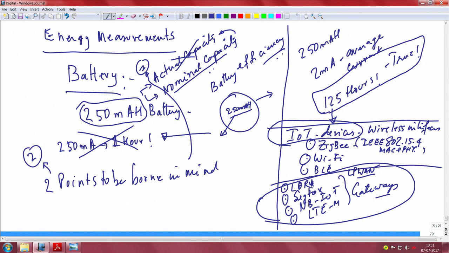So all this energy measurement and all these discussions that you have to do is very general. I would say that your requirement which I mentioned right in the beginning, any system that you design, put in place an IoT device for sensing, monitoring, actuation, whatever, has to live for 10 years.